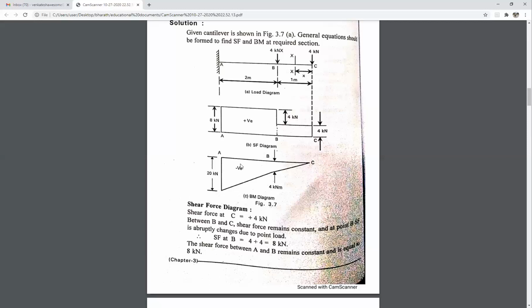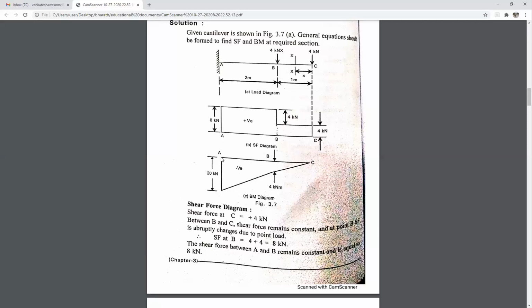While we construct the bending moment diagram also, we have ABC. This is the baseline first of all. After constructing the baseline, just remember, this is the negative bending moment.